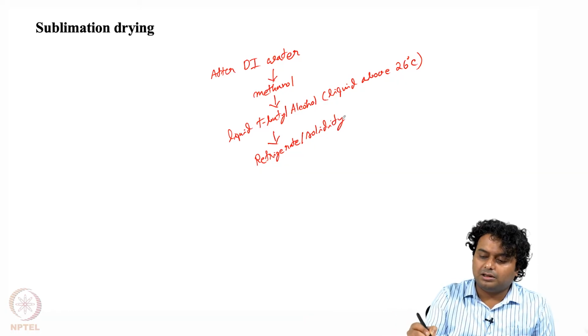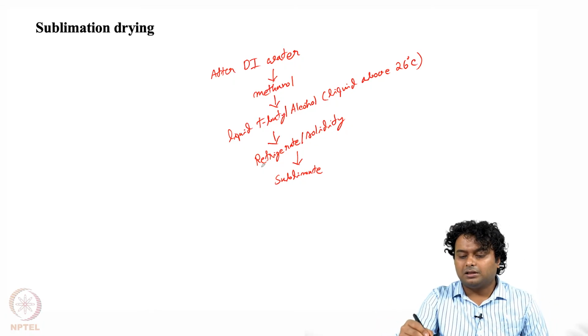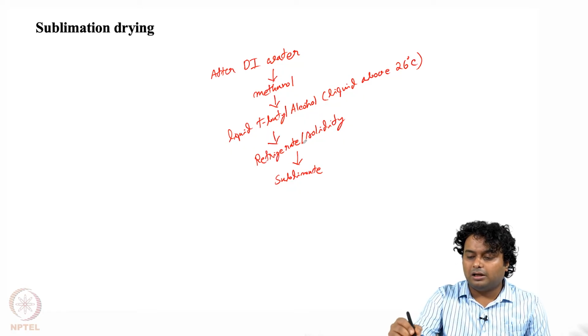So you solidify it inside a freezer and then it will sublimate. So in this step there is a solid tertiary butyl alcohol, or T-butyl alcohol, in the gap.